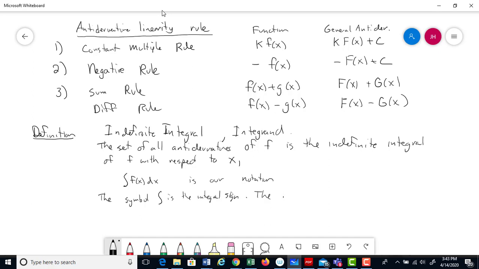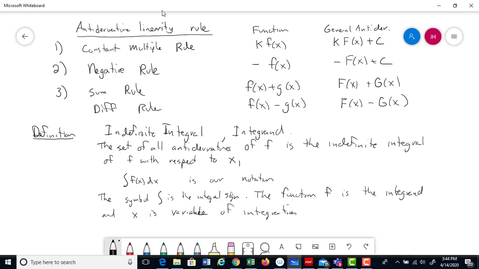And the function f is the integrand. And x is the variable, the variable of integration.